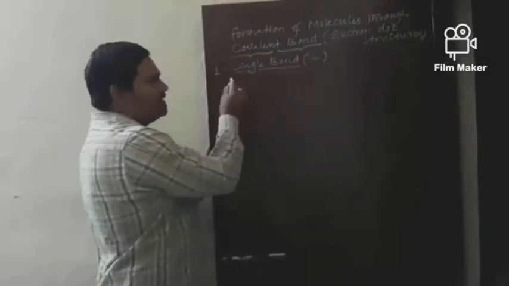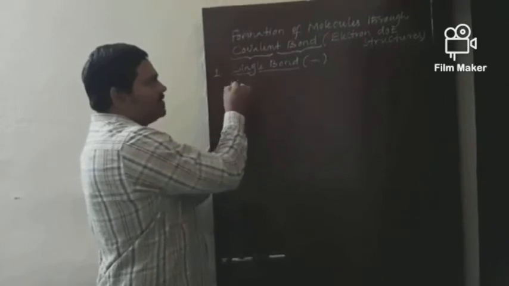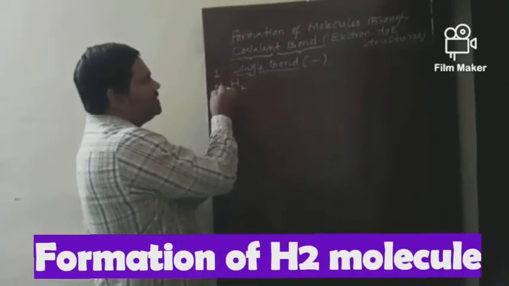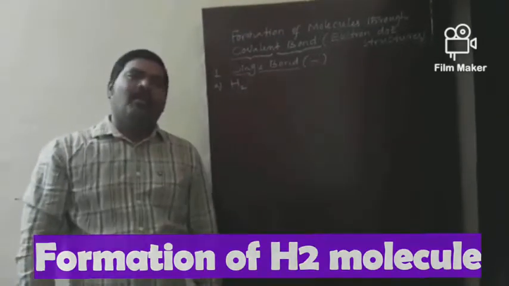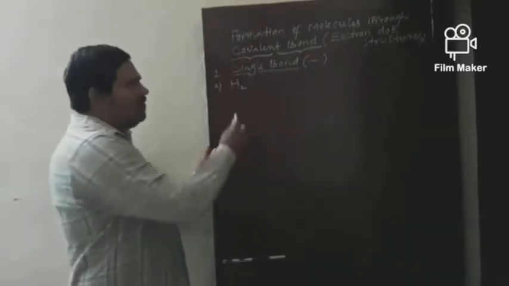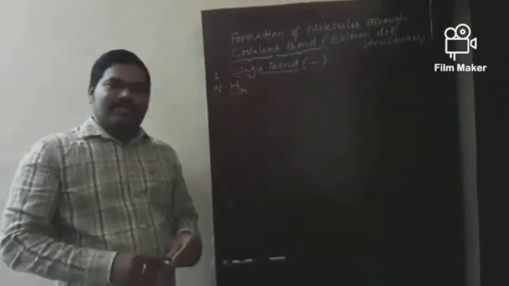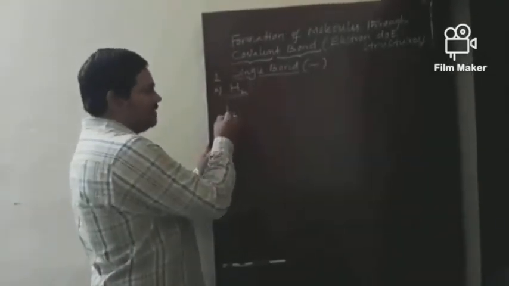Now the first example, formation of hydrogen. How is a hydrogen molecule formed? Through single covalent bond. Now you know, in a hydrogen molecule there are two atoms of hydrogen. But now let me take the first hydrogen atom.